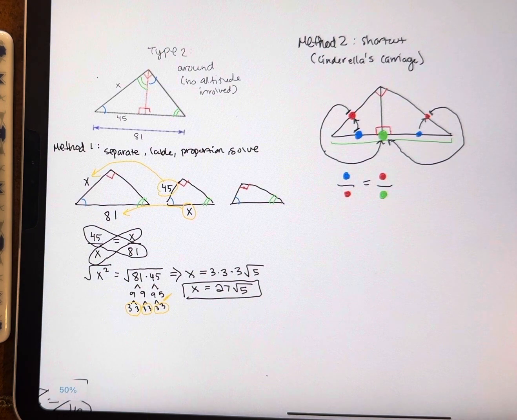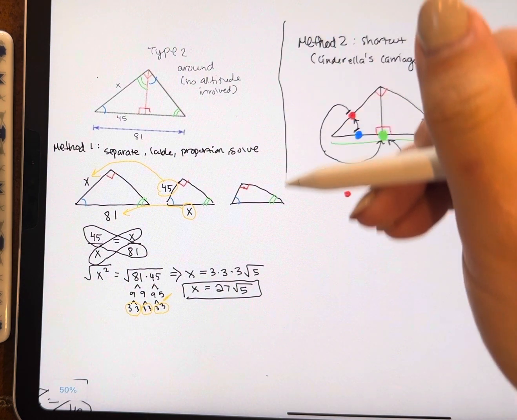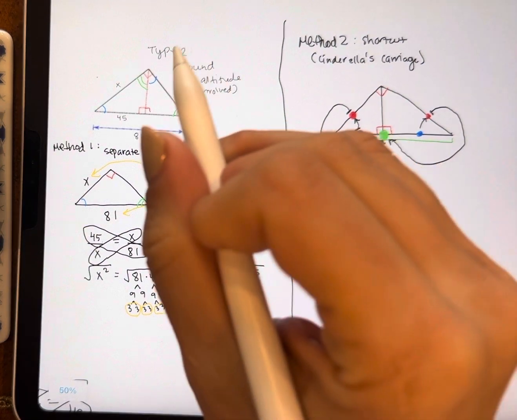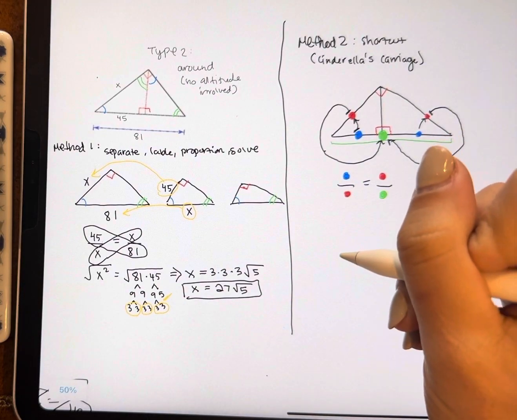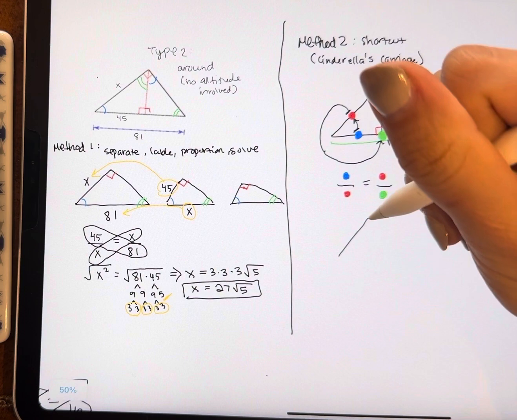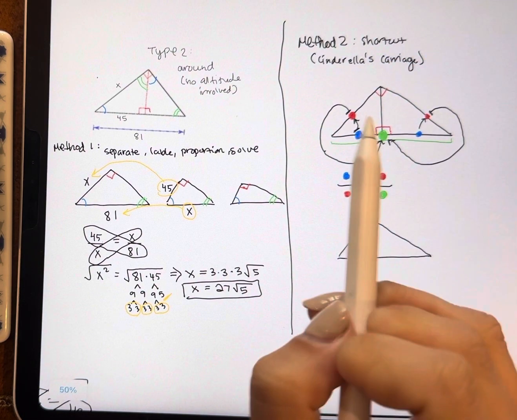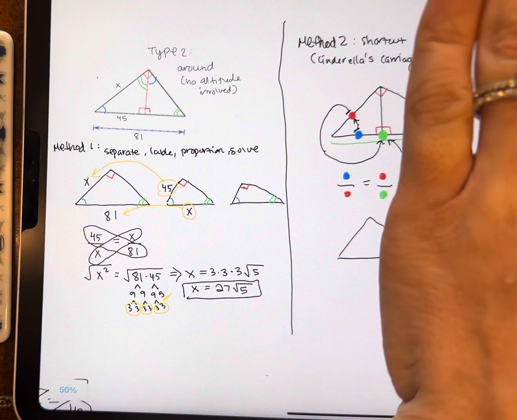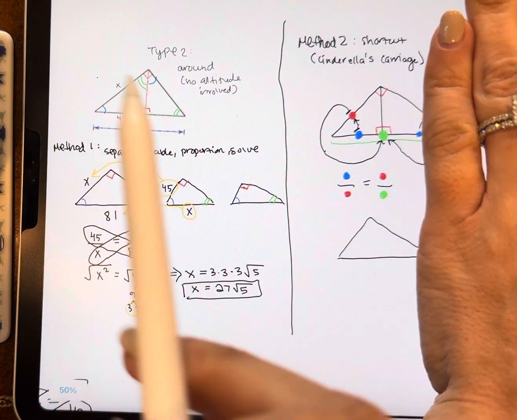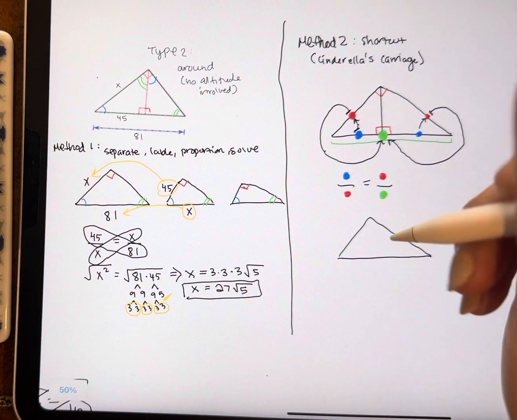So let me show you what it looks like now. Applying this shortcut method to this problem would look like this. Now I only need in this problem the left side of this carriage. I don't need the right side of this carriage because everything I'm working with is on the left side.